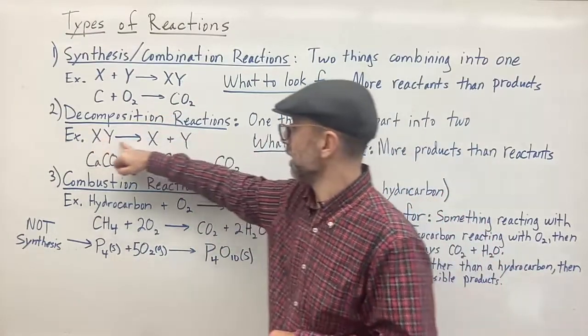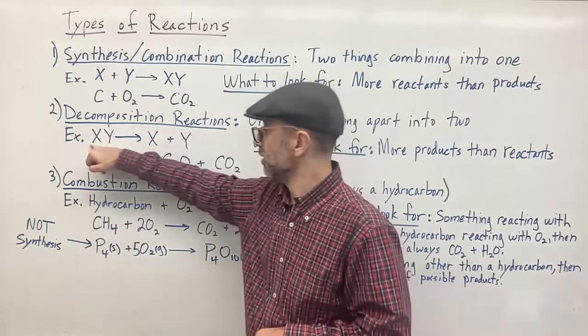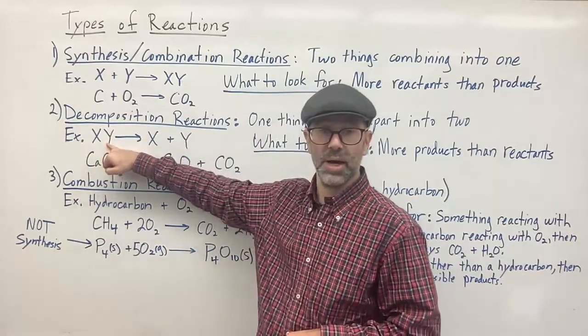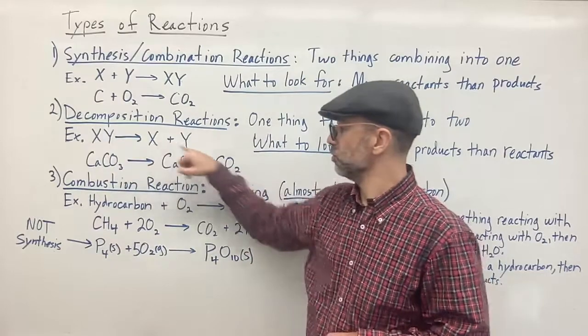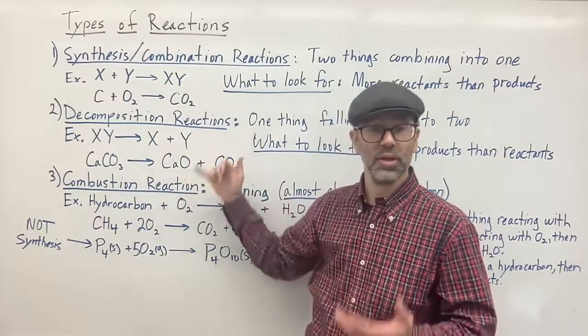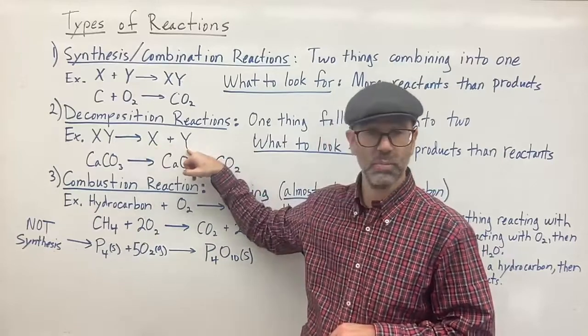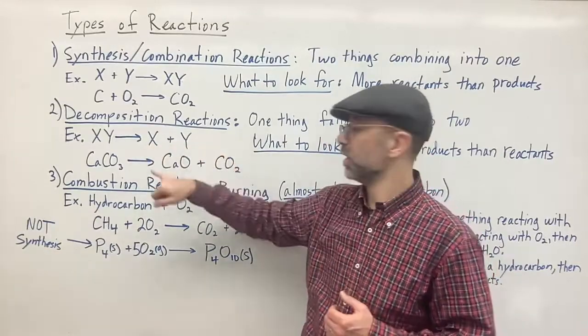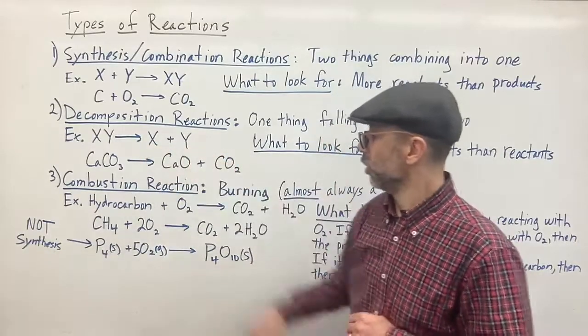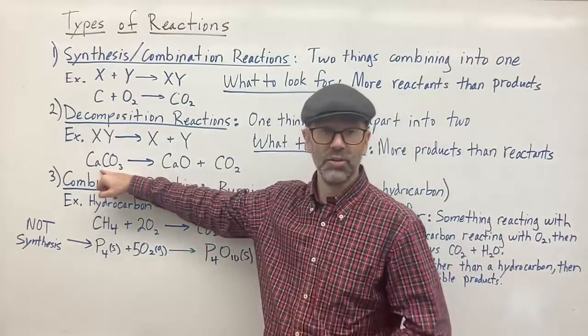Instead of combining, you start with one thing, XY, a compound, and it divides into two separate things or more than two. Again, it could be separating into two elements, or two compounds, or a compound and an element. Here in this example, I have some calcium carbonate.